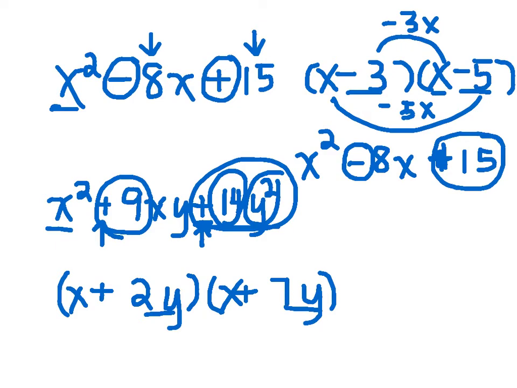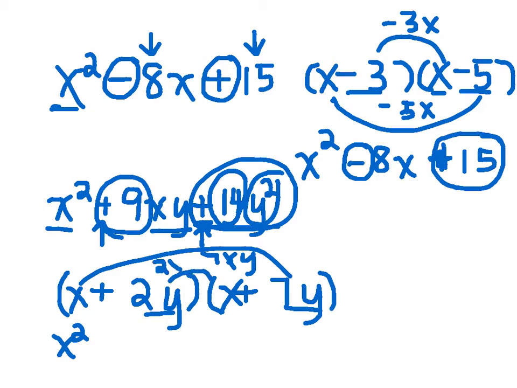Sometimes it's confusing at first to understand how come that became xy. Well, let's FOIL it and see what happens. First gives me x squared. Outer gives me 7xy. Inner gives me 2xy.